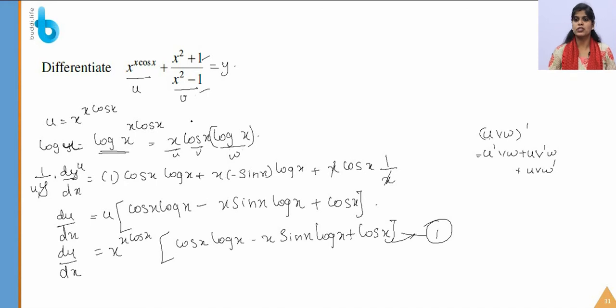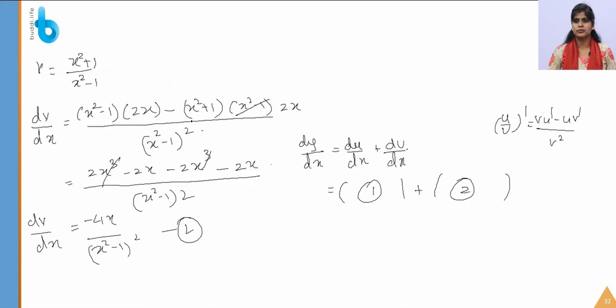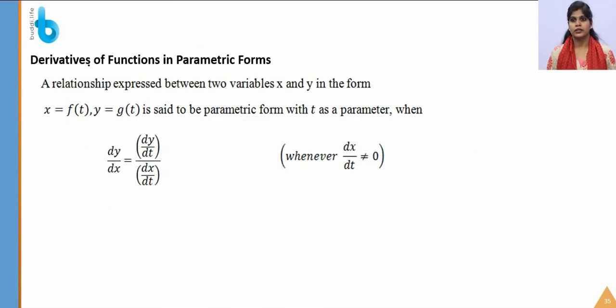So let me move to the next concept. Next we will see the derivative of functions in parametric form. Okay, we will see now when we use this parametric form. See, a relationship expressed between two variables x and y in the form x equals f of t and y equals g of t is said to be parametric form with t as a parameter.